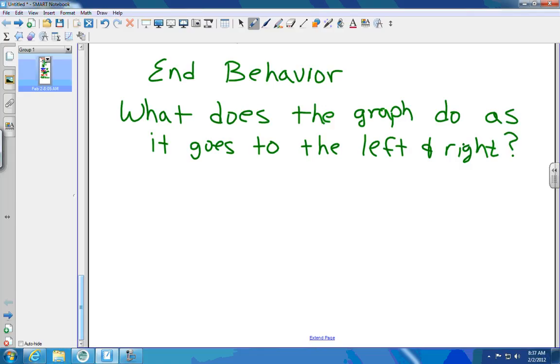That's basically what you're asking. What does the graph do as it goes to the left and the right? Does it go up or does it point down? And I'll show you what we mean by that, but that's basically what you're trying to figure out. Does your graph go up or down?